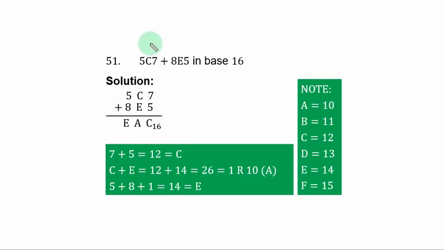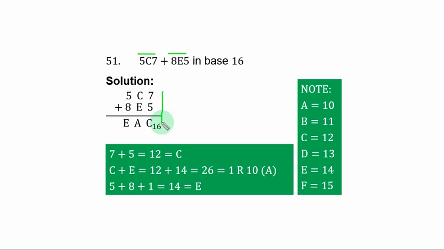Example 51. You have 5C7 plus 8E5 in base 16. So you also arrange and you add accordingly, starting from right to left.